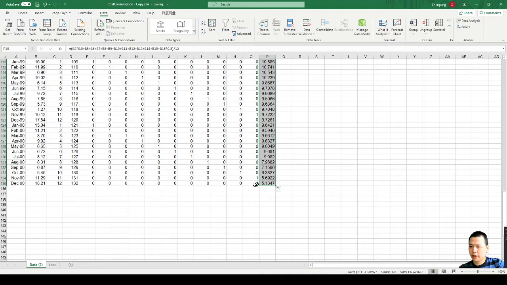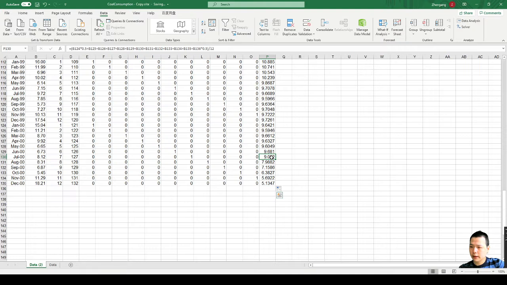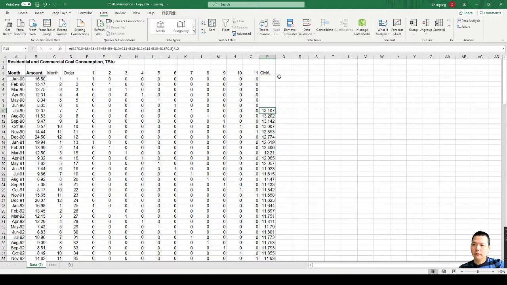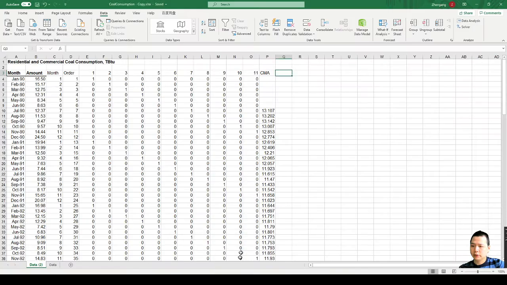Remember, we cannot do it for the last few, so stop at Q. So this is the centralized moving average. After that, we want to calculate the seasonal ratio, which is just the observation divided by the CMA. That one is easy to calculate.